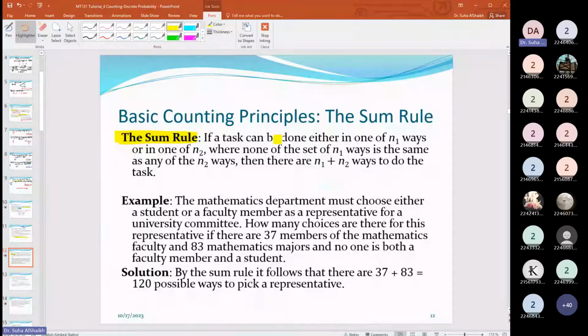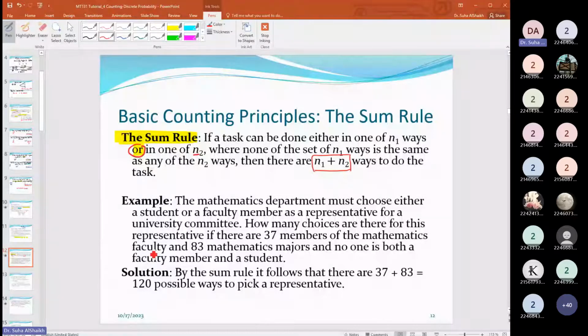If you have a task that can be done either in n1 ways or in n2 ways, where none of the n1 ways and n2 ways happen at the same time, then overall we say that we have n1 plus n2 ways to do the whole task.